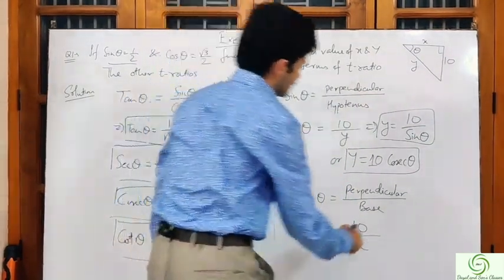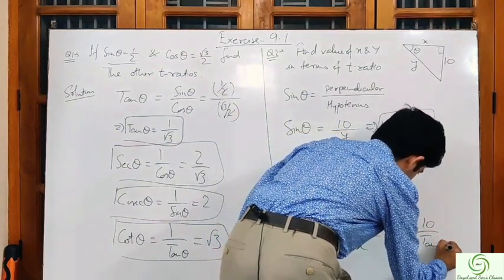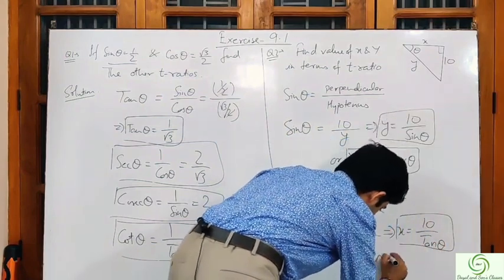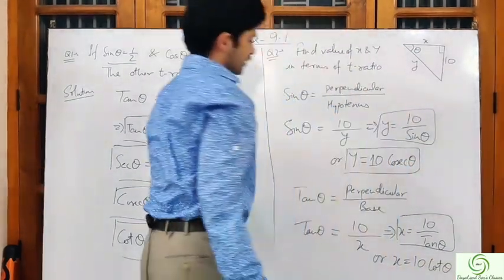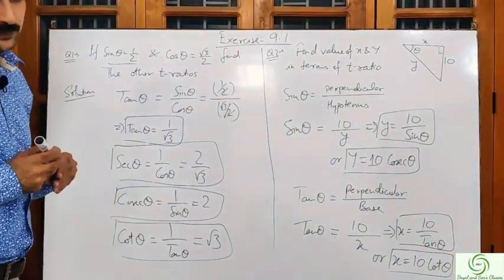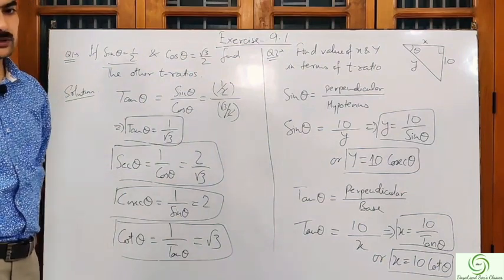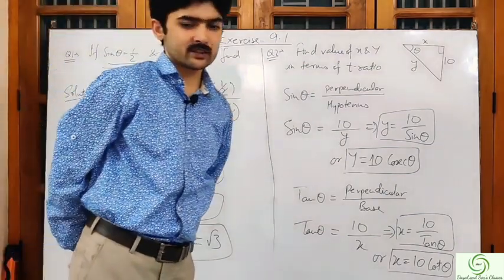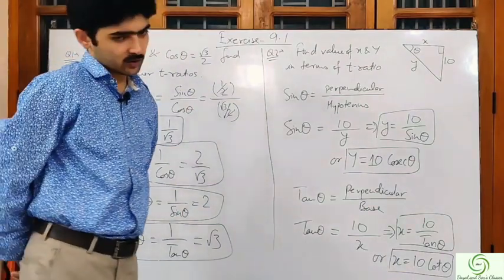Tan theta is 10 upon x, this implies x is equal to 10 upon tan theta, or we can write it as x is equal to 10 cot theta. So these are the values of x and y in terms of t ratios. Y will be equal to 10 cosec theta and x is equal to 10 cot theta or 10 upon tan theta, and y will be 10 upon sin theta or 10 into cosec theta.